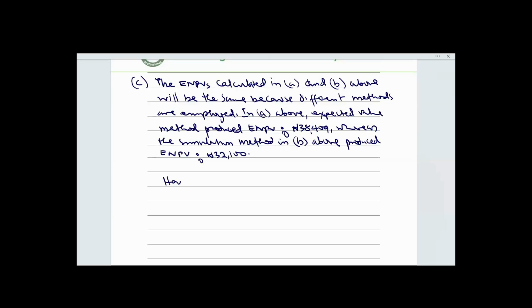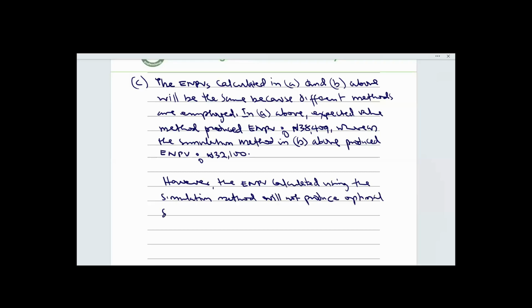However, the expected NPV calculated using the simulation method will not produce optimal solution but near optimal or good enough.